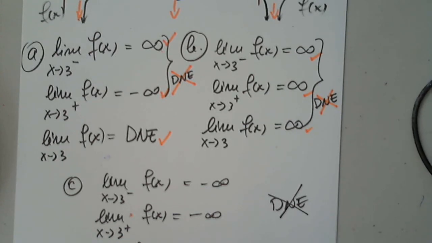For number 25, can anyone tell us what is the limit of this function, uppercase F, as x approaches -3 from either side? Five. Excellent. So thank you.